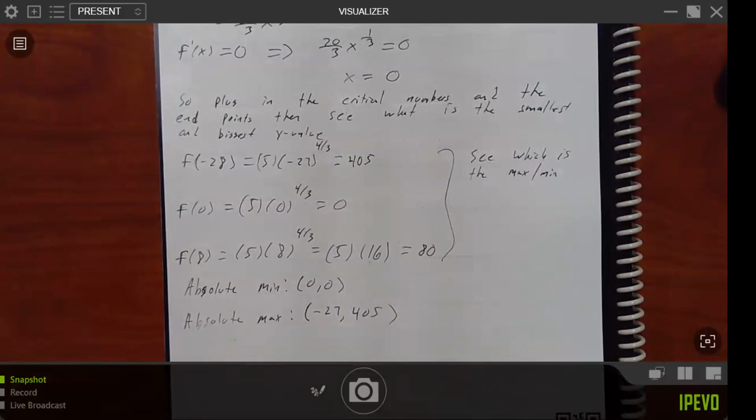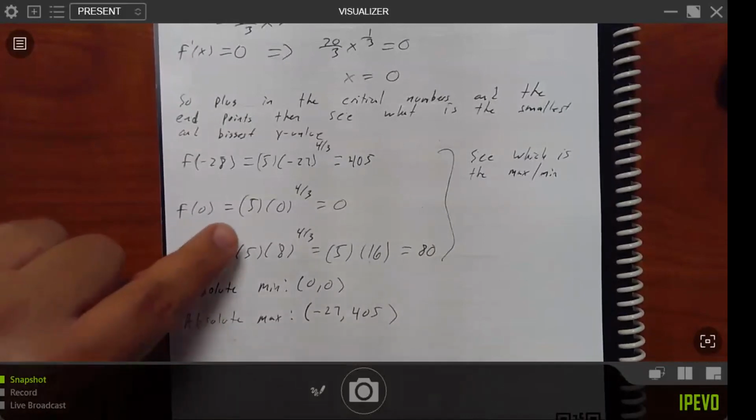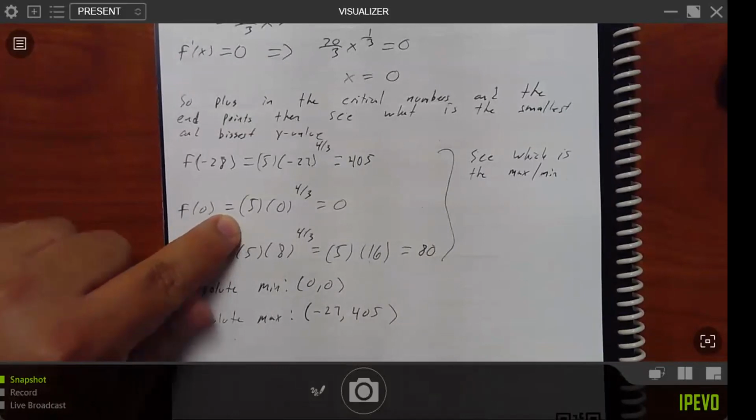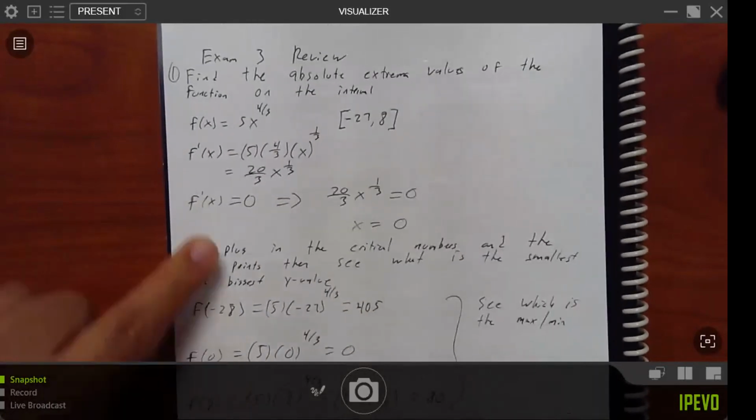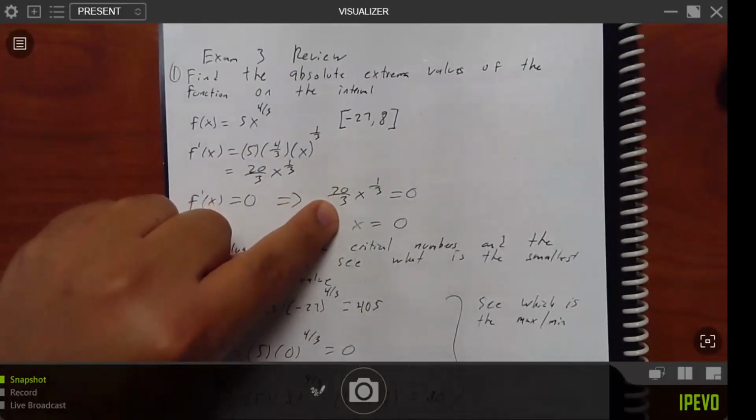Yeah. So when you set it equal to 0, I thought you were solving for the x, and you're saying the only reason x equals 0 is because that's the only thing that would make it 0. One more time, sorry. This one? No, all the way on top were the first derivatives. When you set it equal to 0, you're saying 0 is the only thing that'll make that equal to 0. Yeah, exactly.